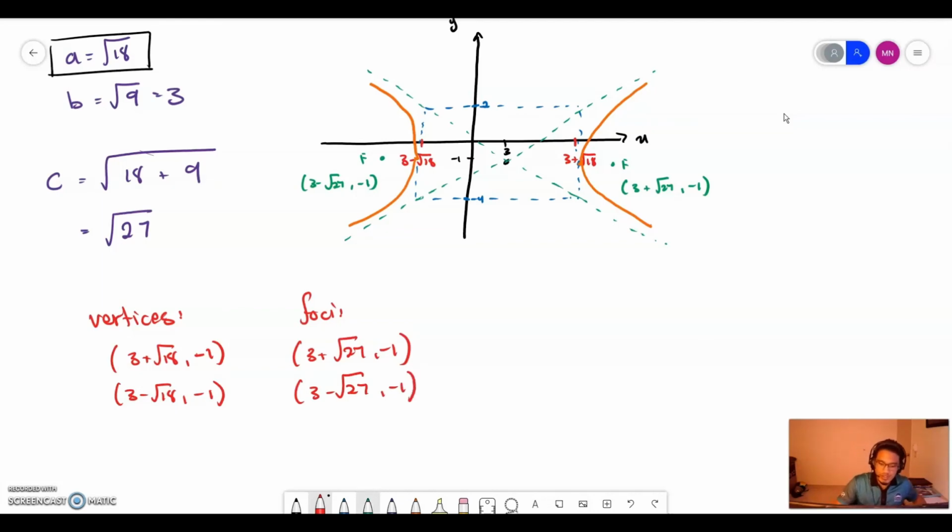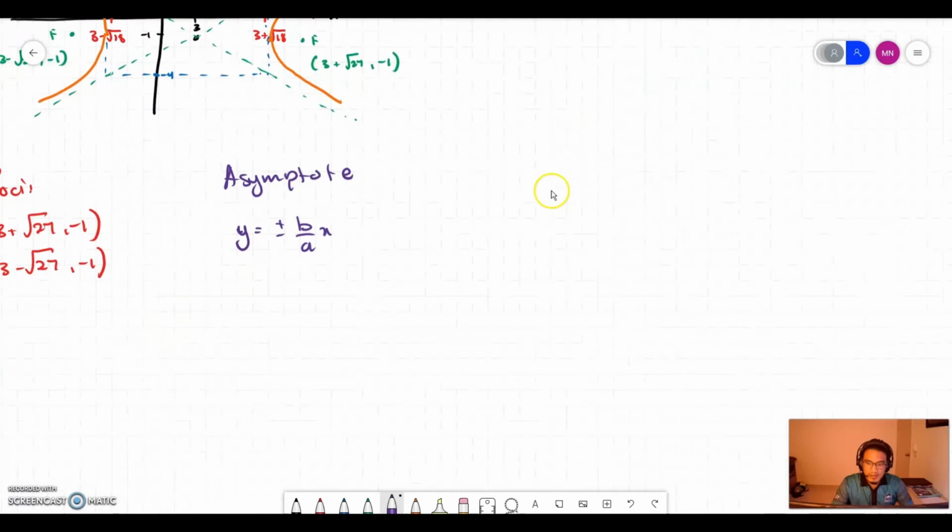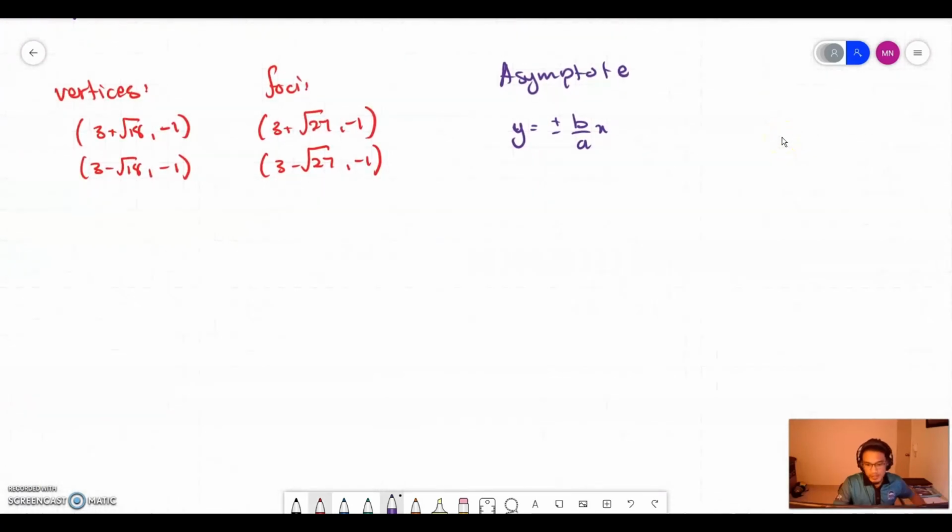And then for the equation of asymptote, the equation for asymptote should be written like y equal to plus minus b over a x. Since our equation of hyperbola is given as x minus 3 squared over 18 minus y plus 1 squared over 9 equal to 1, we have to substitute the y component to be y plus 1 equal to plus minus b over a.